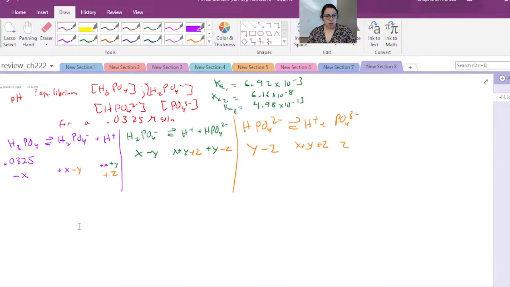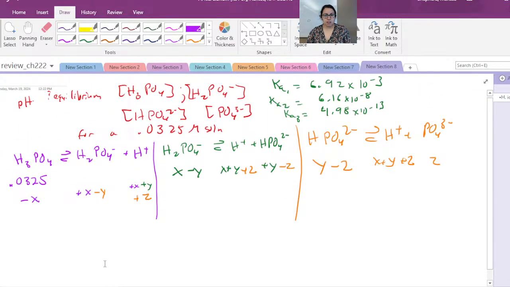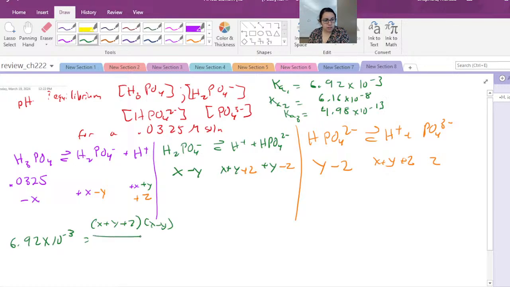And so now we can probably just start at the top, I think is the best place. And so we can set up our equilibrium constant. So 6.92 times 10 to the negative third is equal to x plus y plus z times x minus y over our 0.0325 minus x.